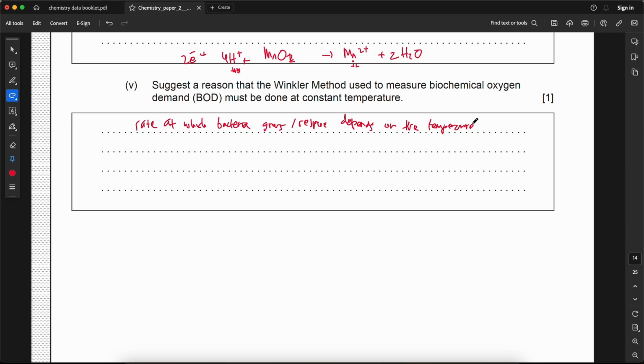If it's higher, the higher temperature will increase metabolic rate. Therefore, to maintain temperature is very crucial to get accurate measurement.